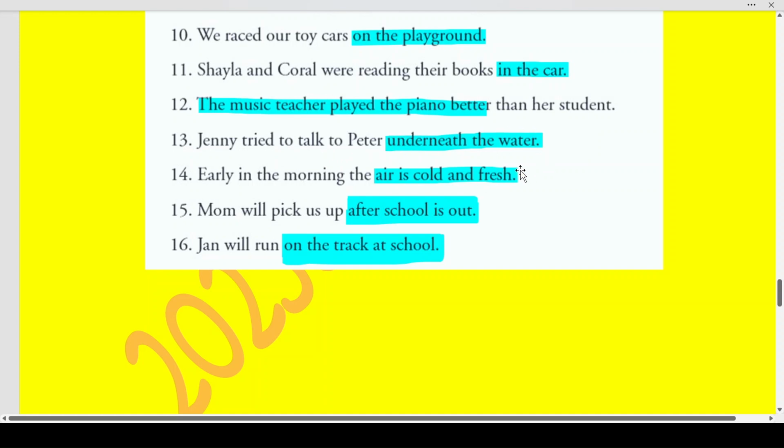Answer is underneath the water. Early in the morning, the air is cold and fresh. How is the air early in the morning? Cold and fresh. Mom will pick us up after school is out. When will mom pick us up? After school is out. Jan will run on the track at school. Where will Jan run at school? On the track. So this is how you will identify your adverbial phrases.